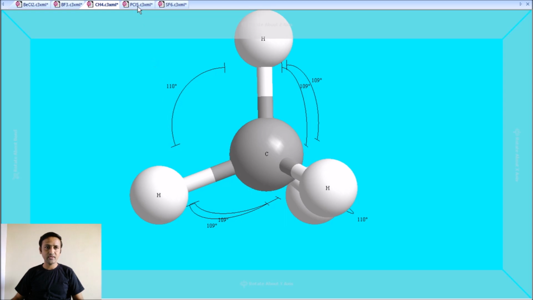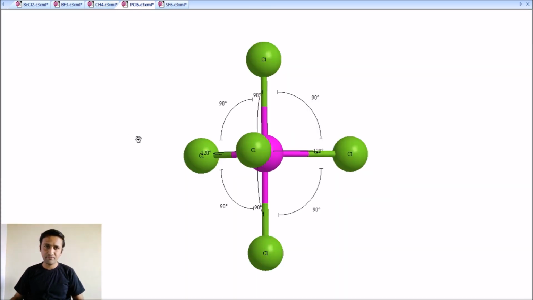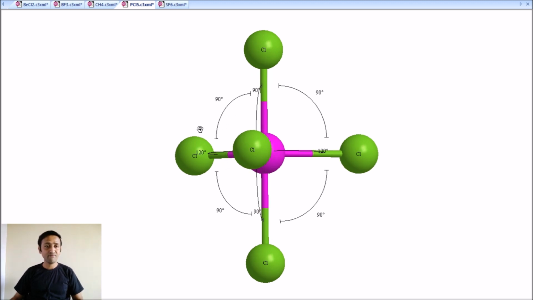Next one is PCl5, phosphorus pentachloride. This is of the type AB5, and many times a question is asked based on the molecular geometry. They can even ask how many bond angles are present. So the bond angles are also very important here.